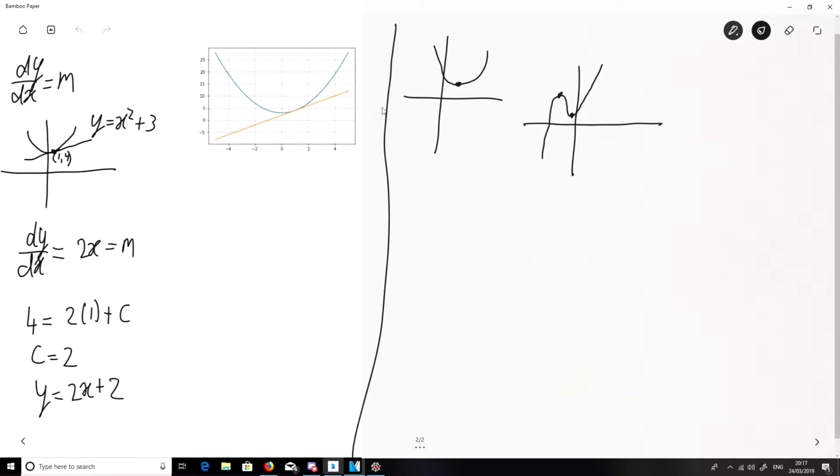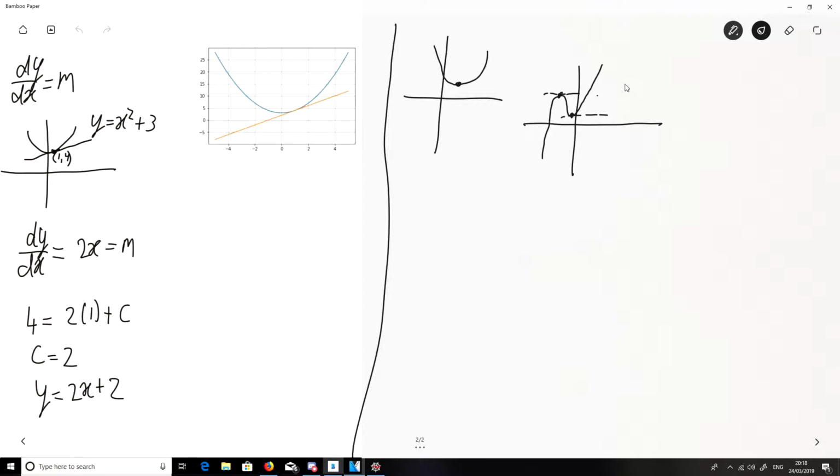Because at any point that the graph turns like that, its change in y over its change in x should be 0, because it's not increasing or decreasing at that point. It is just completely still. That's why it's called stationary, because it's not going anywhere in either direction.